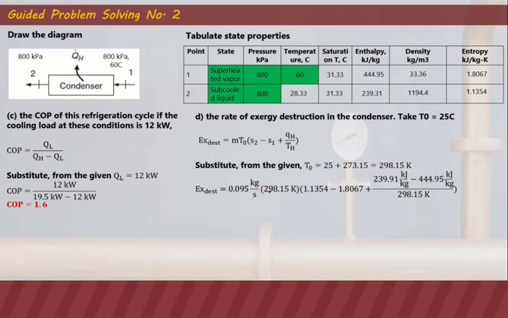Since we are not given the average temperature in the condenser, we cannot use 60, 28.33, or 31.0, because they are the temperatures at the points, but not the average temperature in the condenser. Then we will use the same value for TH and T0. That's why we have here 298.15 and 298.15. So our exergy destruction at the condenser is 0.52 kilowatt.